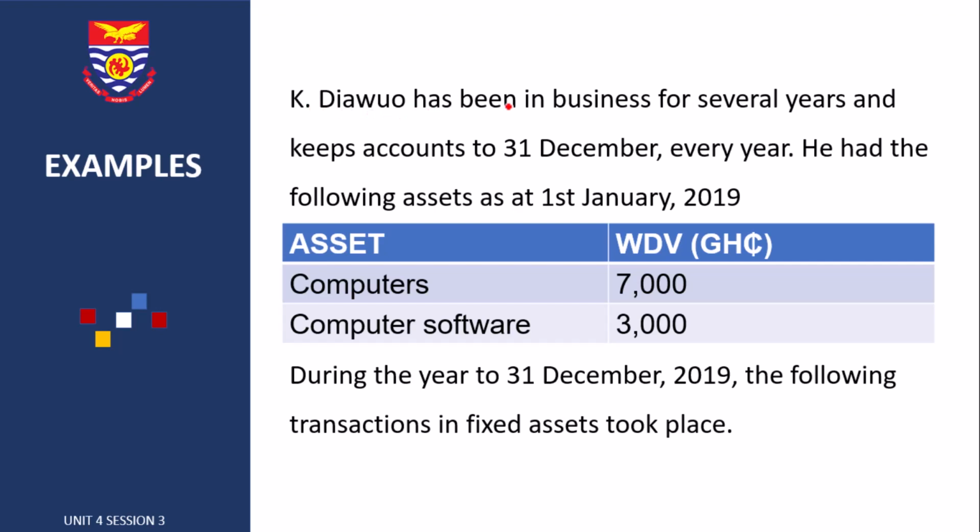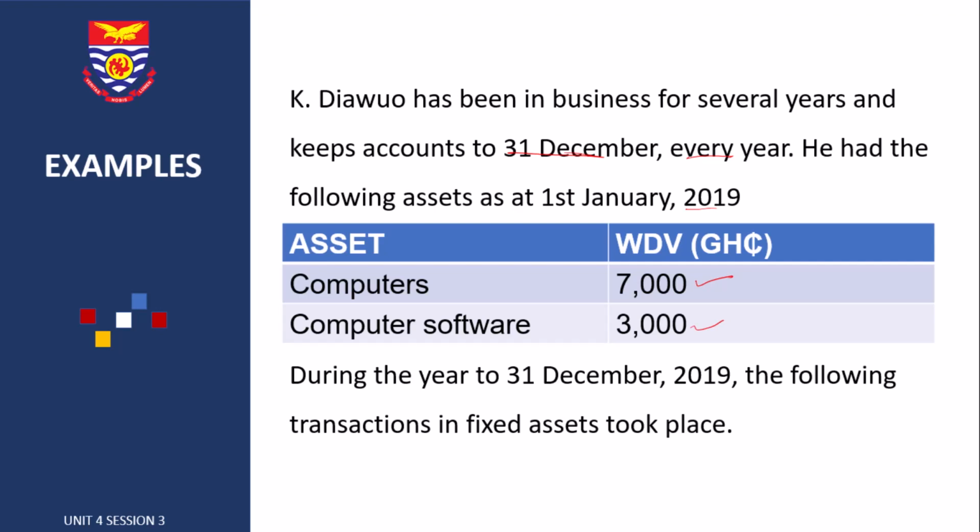K. Dewo has been in business for several years and keeps account to 31st December every year. He had the following assets as at 1st January 2019. Computers 7,000. Computer software 3,000.